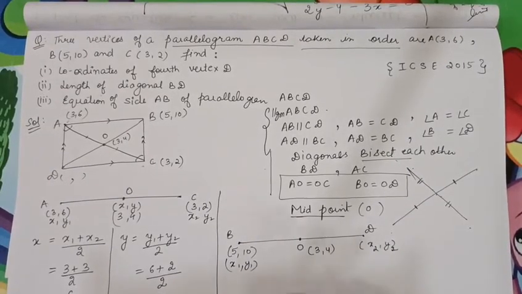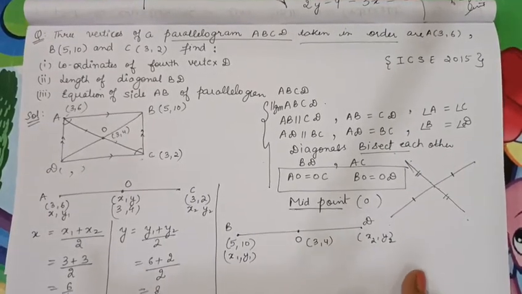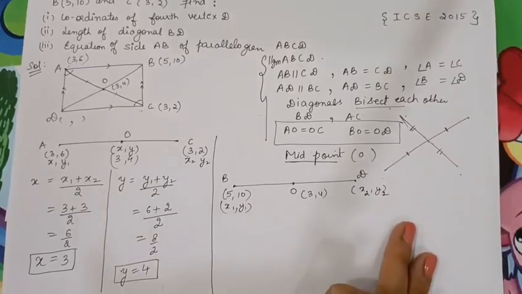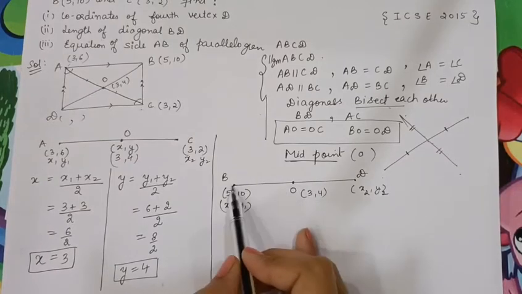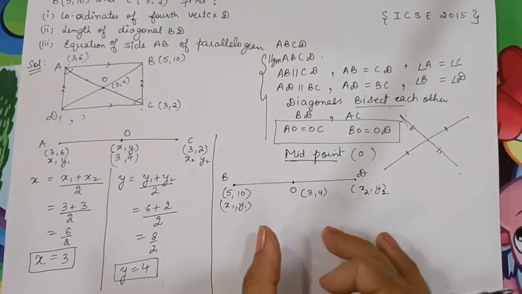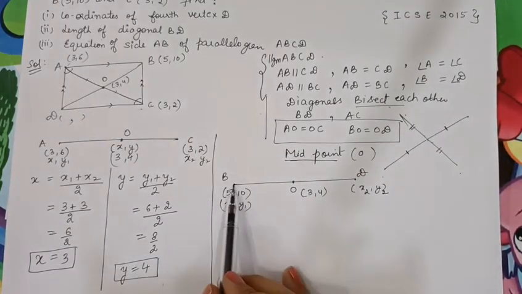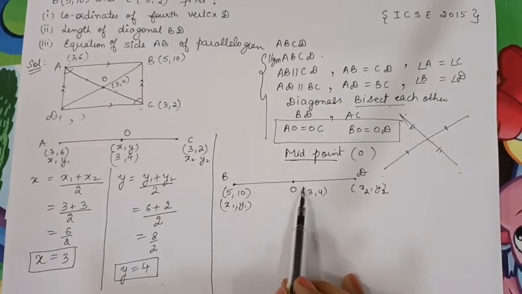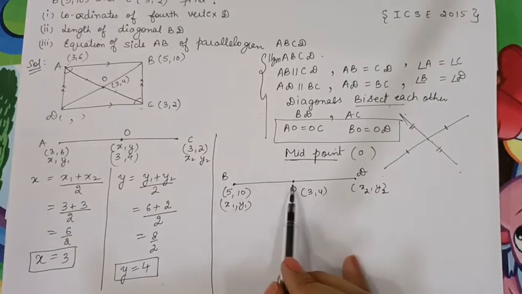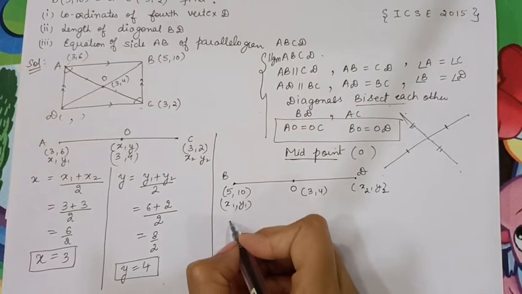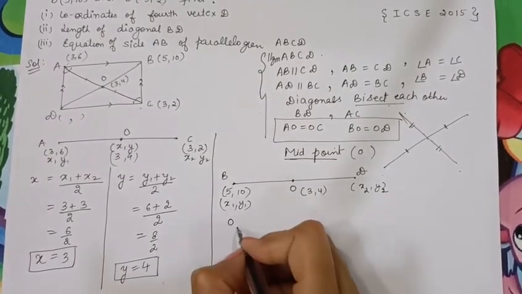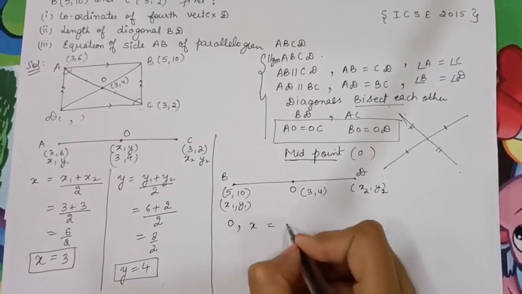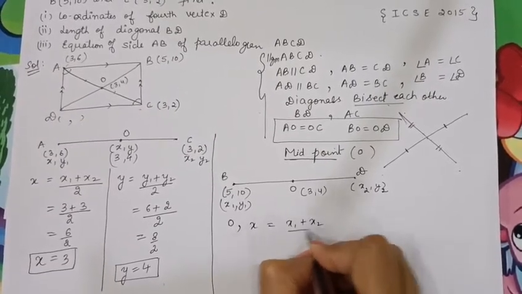So let's see again why we have to apply the midpoint formula here. We have to apply the midpoint formula because O is the midpoint of BD, and here we know the coordinates of point B and also of point O. So I will be using the midpoint formula, for which the X coordinate is equal to (X1 plus X2) by 2.